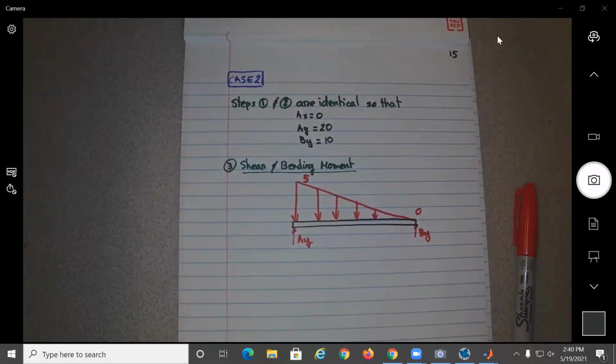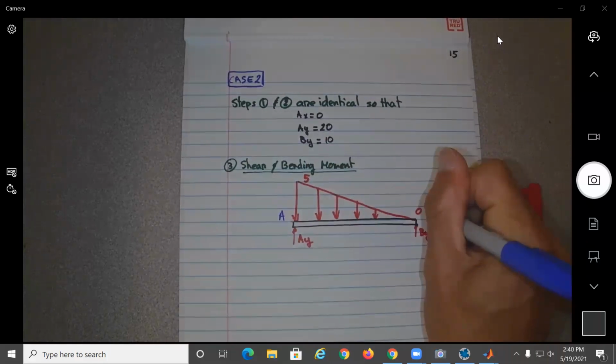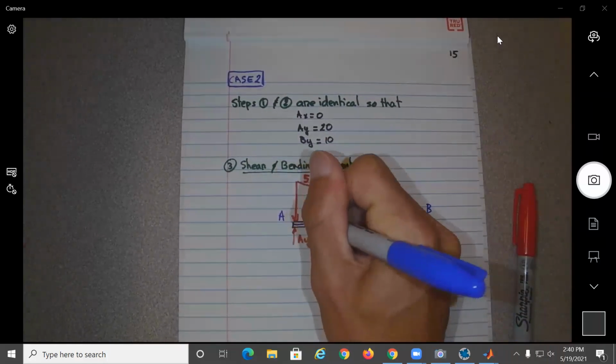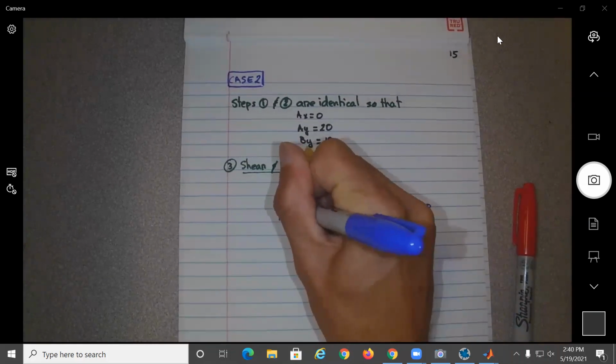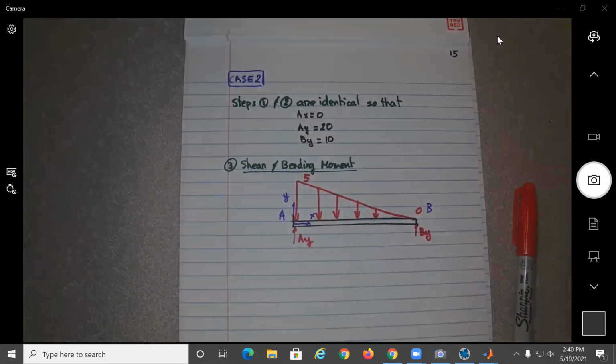We have this. So now what happens if we need to start from point A? We start from point A, that means that this will be our X, and this will be our Y. Okay? So if we make the cut over here, how would it look like?